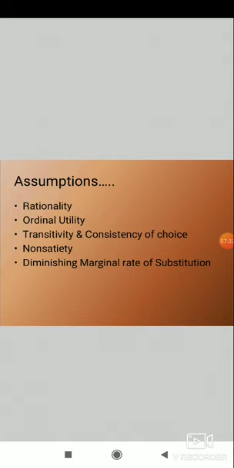This rate is given by the change in commodity Y upon the change in commodity X. The assumption is that the change in Y upon the change in X goes on decreasing as a consumer continues to substitute X for Y.